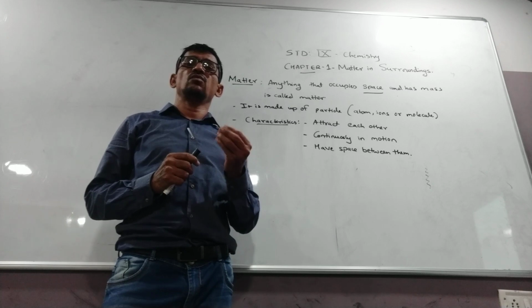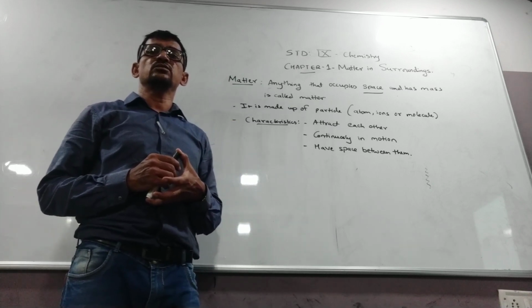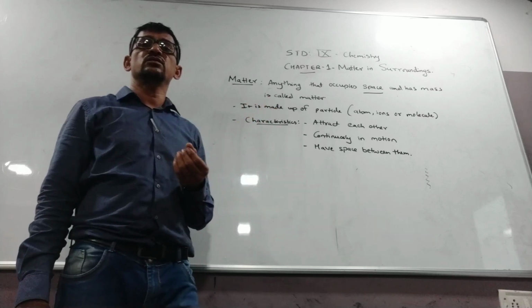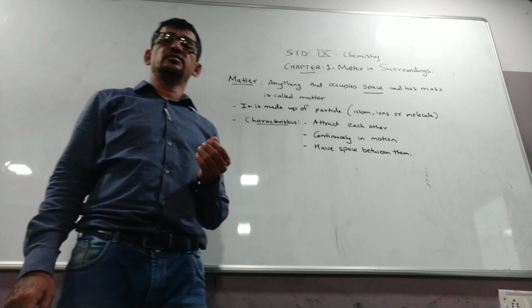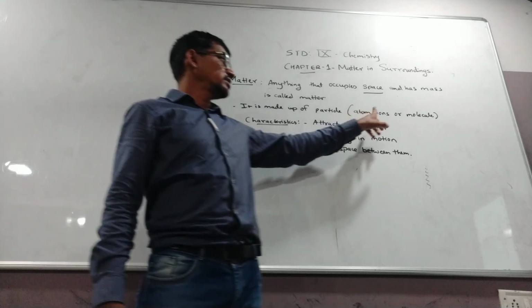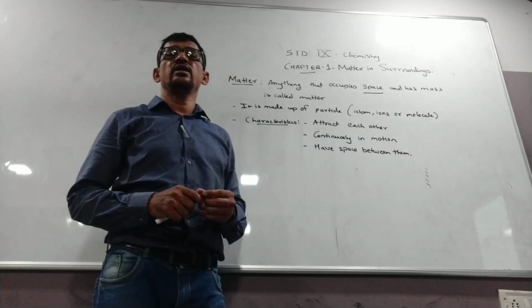As for example, hydrogen has atomic number 1. So matter is made up of hydrogen, and also of oxygen. Oxygen's number is 8. Okay, fluorine, chlorine. Second is ion. Ion means positive ion and negative ion.